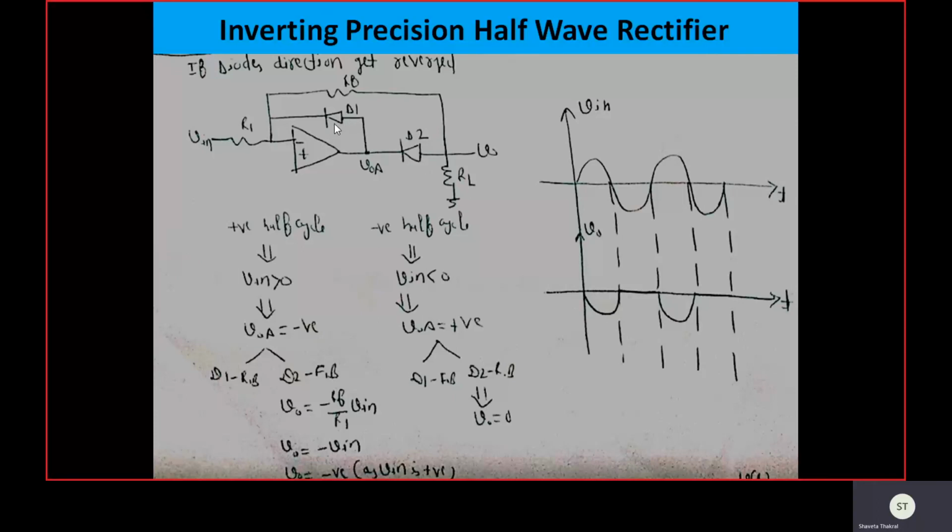So when this diode is forward biased and this diode is reverse biased, the circuit gets open and the output obtained here will be 0. So corresponding to the negative half cycle, the output obtained is 0. So in this way we have converted the applied AC signal to pulsating DC, and that is obtained inverted. So this is all about the inverting precision half wave rectifier.